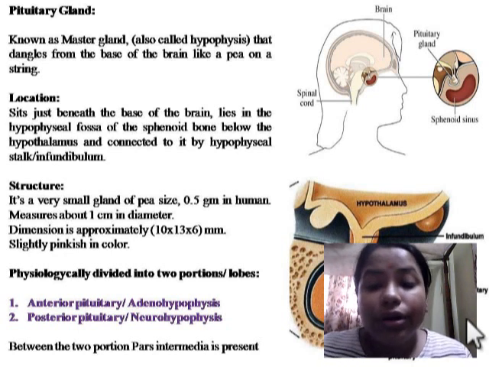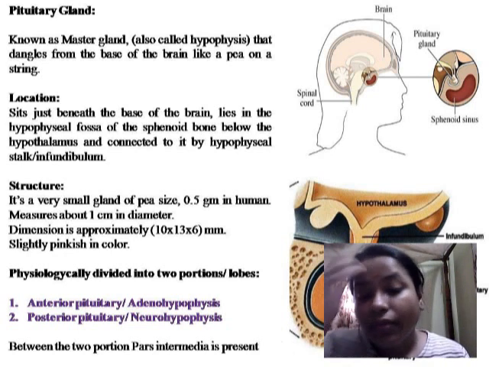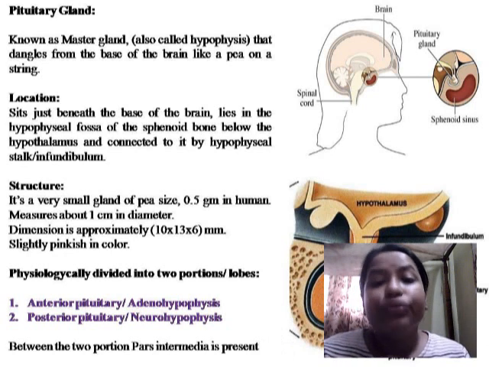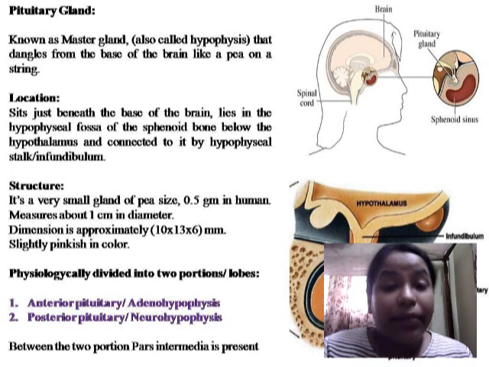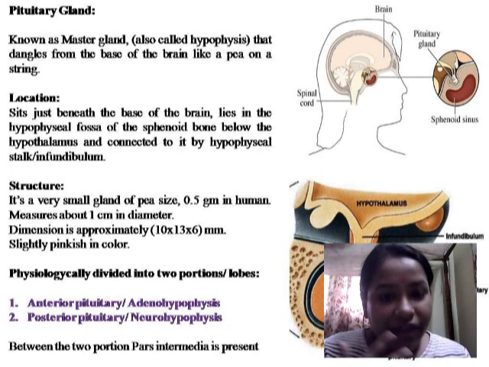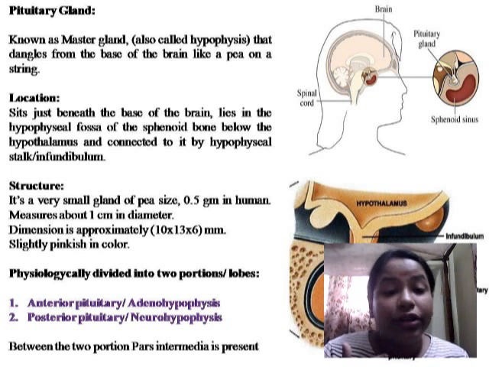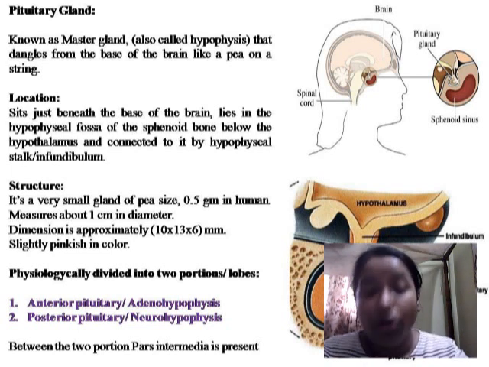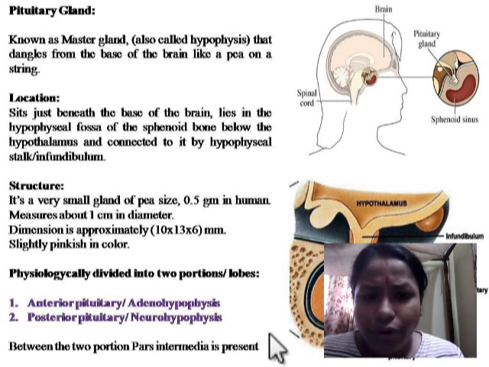So the pituitary gland is a rich source of various chemicals that play a key role in our body's function and regulate other endocrine glands of the body through its hormones. Physiologically, it has two parts or two lobes.